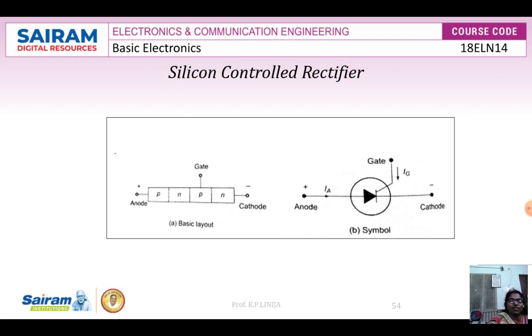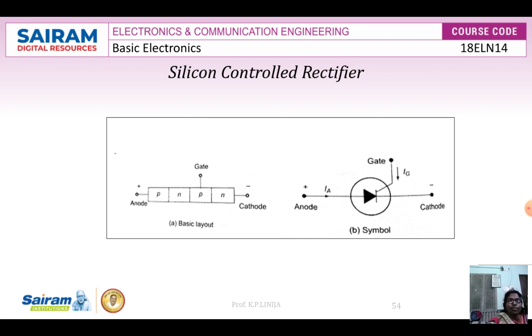Now when a positive voltage is applied to the anode and a negative voltage to the cathode, no conduction will take place, as junction J2 will be reverse biased.